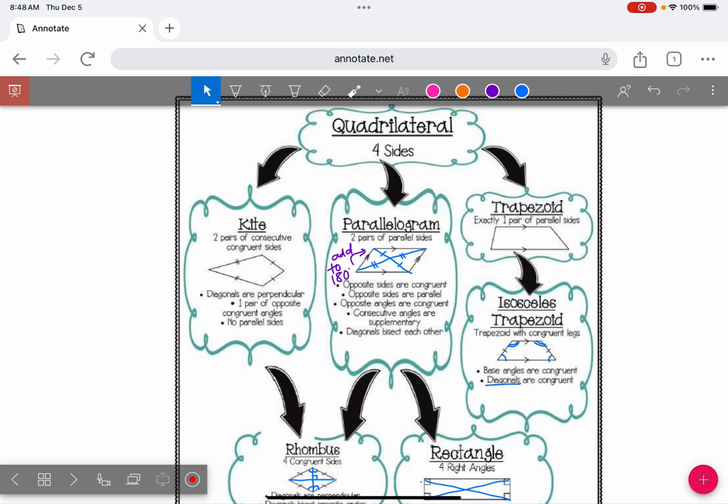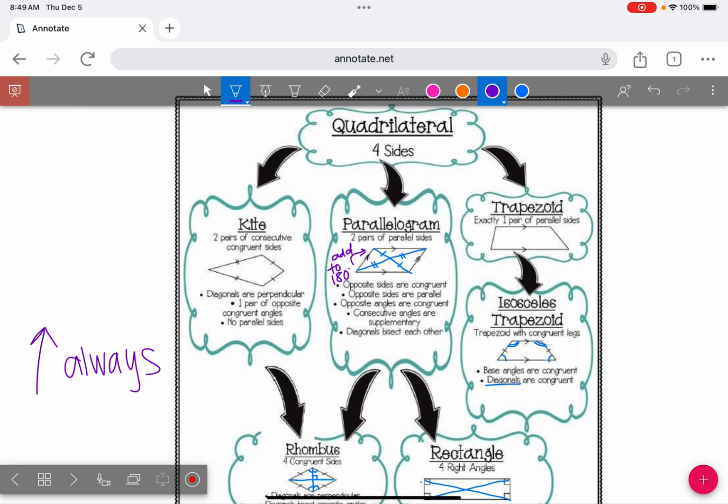A rectangle is always part of the parallelogram family and part of the quadrilateral family. A rhombus is always part of the parallelogram family and the quadrilateral family. And then a square is always part of a rhombus, a rectangle, a parallelogram, and a quadrilateral. So as I'm moving up in this chart, I'm saying the word always.